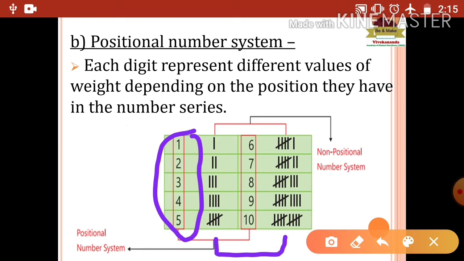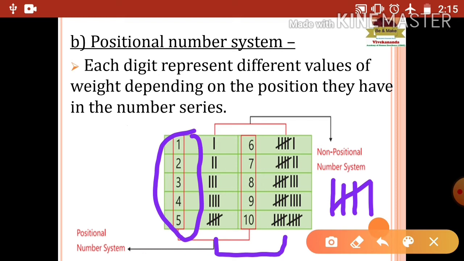So if I am going to show the number 6, how should I represent it? I should draw vertical lines. So I am going to draw lines. This is 1, this is 2, 3, 4, and for the fifth number I am going to draw a slanting line.